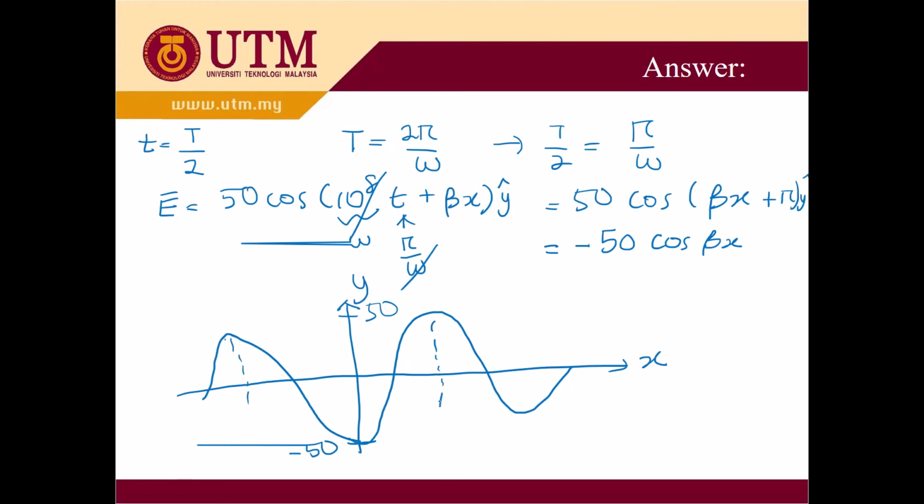This is lambda over 2, this one is negative lambda over 2, this is lambda, and this is negative lambda. So we settle our exercise for example 1.